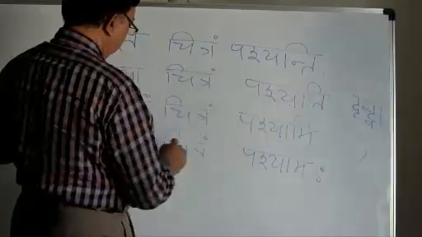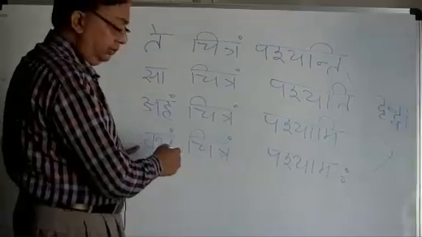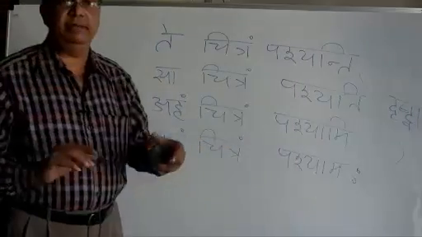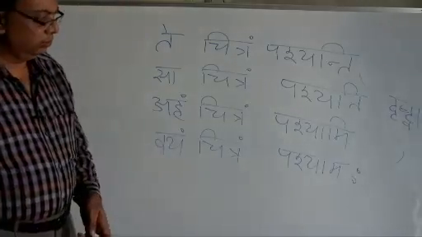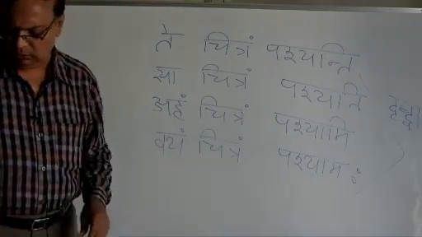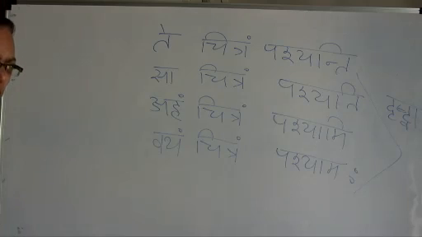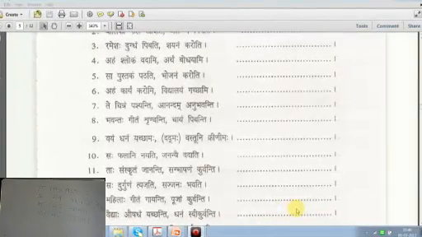Aham chitram drushtva. Tvam chitram drushtva. Even vayam chitram drushtva. Anywhere you have only one form. That should be understood by you. So drushtva, irrespective of the verb in singular, dual, plural form, it will be the same for all the persons and all the numbers. That is another additional convenience, beauty of this.